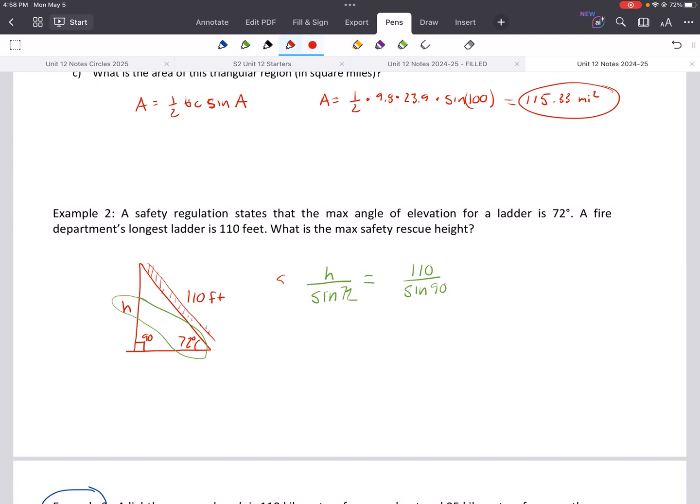And then we would multiply both sides by sine of 72. And we would put this into the calculator. So if we do that, we should end up getting x equals 104.62 feet. So that's how high safely this fireman could reach with that ladder.